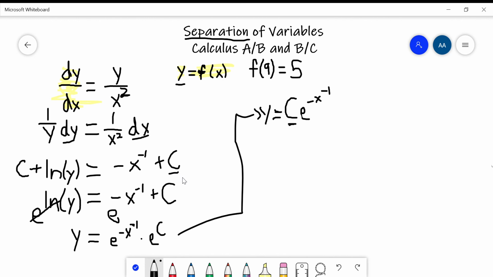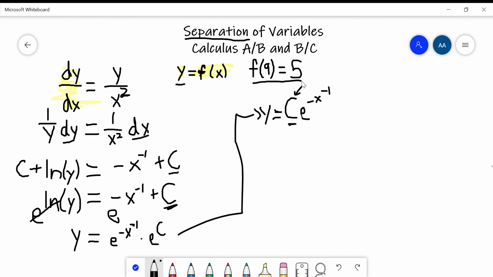Maybe your teacher thinks differently, but College Board does not care if you put a subscript for C. As long as you're putting C in some form, like here, that's all they care about. And now that we know this, we can't just have C in our equation. We wanted y as a function of x. We can't have this other variable right here. So we have to find a way to solve for C.